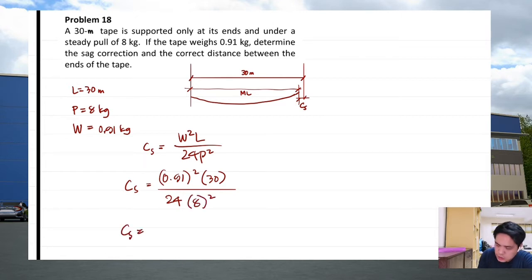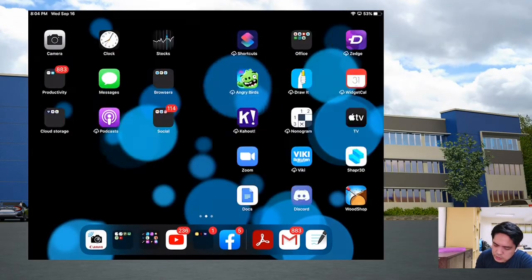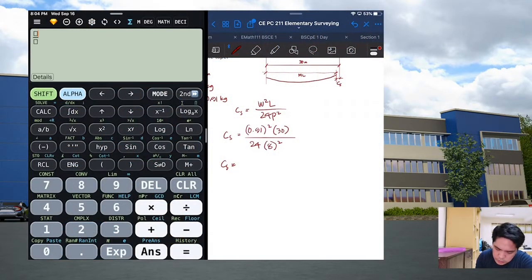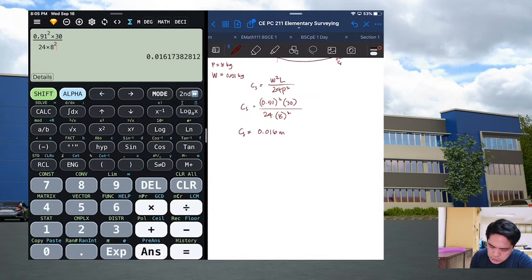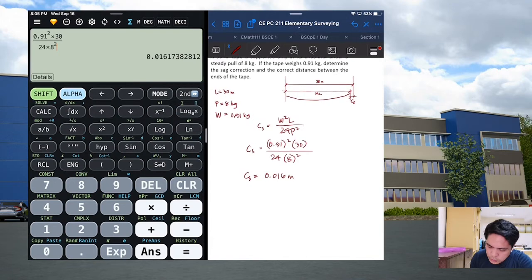So, using calculator, ganun lang siya kadali. Okay, that would be 0.91 squared times 30 divided by 24 times 8 squared. So, the answer is 0.016, that's in meters. So that's the correction due to sag for the whole tape length.